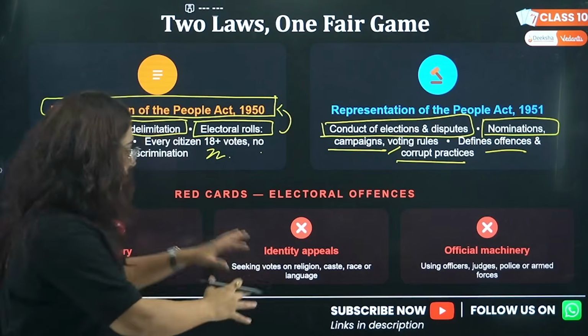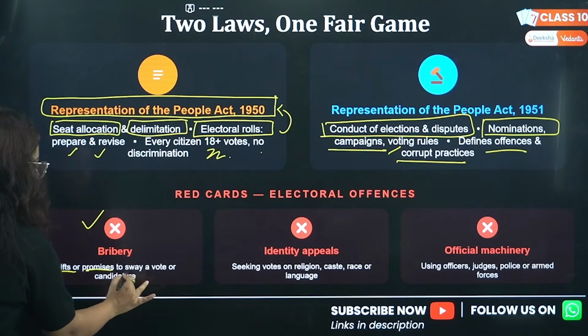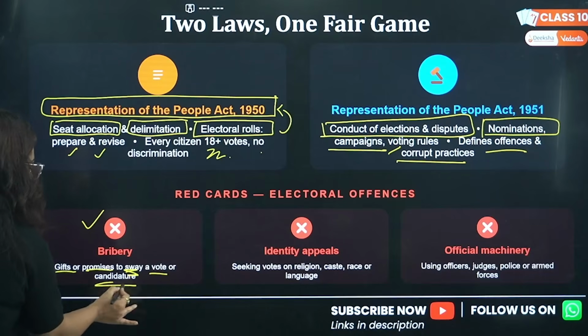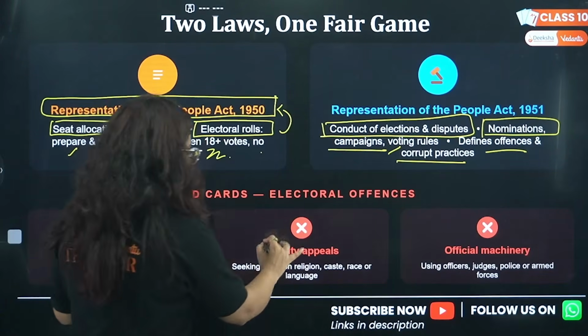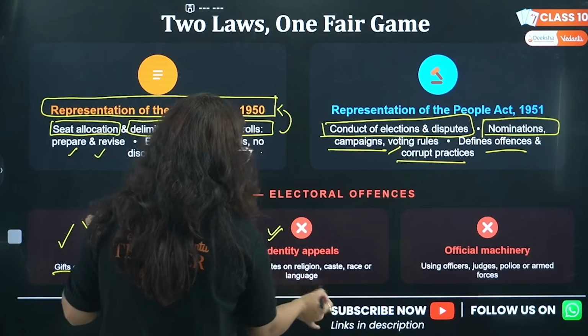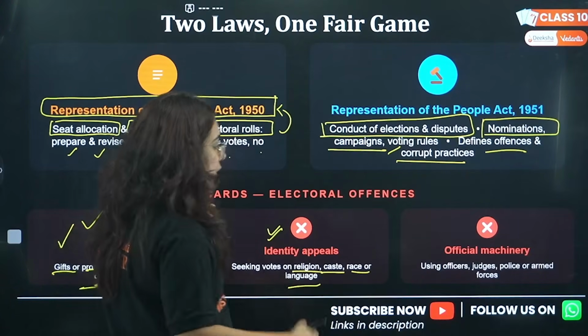Okay, however, certain red cards you can see there: bribery, gift or promise to sway a vote or candidature is not at all allowed. Then we have identity appeals, like votes on the basis of religion, caste, race or language, again not allowed.